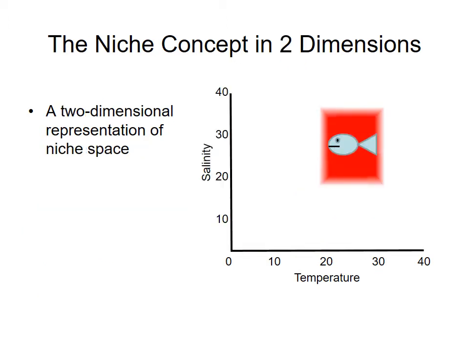If you add an additional dimension to niche space, you can come up with a more complete model of what set of environmental conditions are needed for the survival of that organism, because obviously temperature is not the only thing that matters to a fish or another organism in the environment.